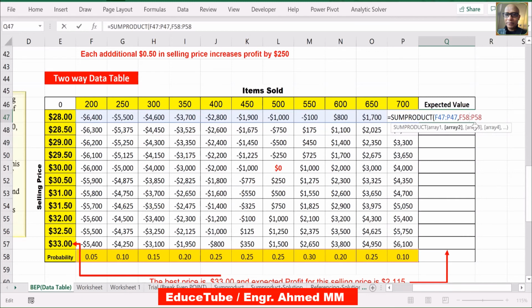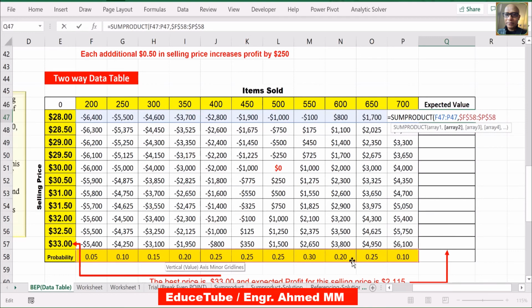How? Press F4. It means put a $ sign on both. Here also press F4. It is also a $ sign on both sides of P, and here a $ sign on both sides of F. It means these rows are locked.